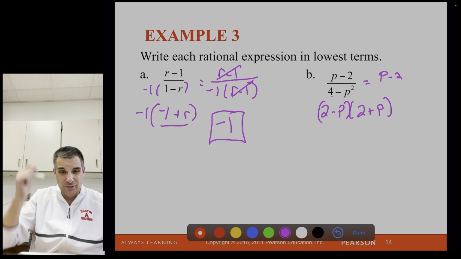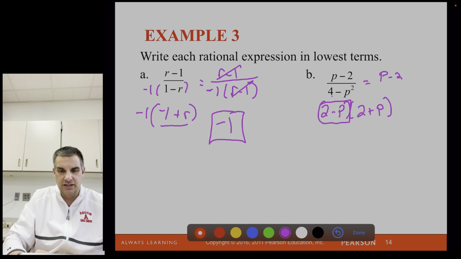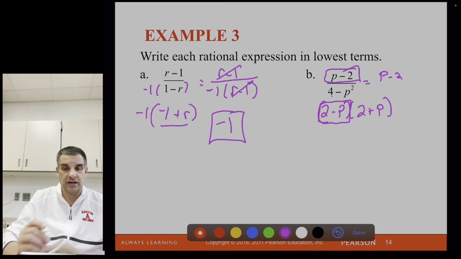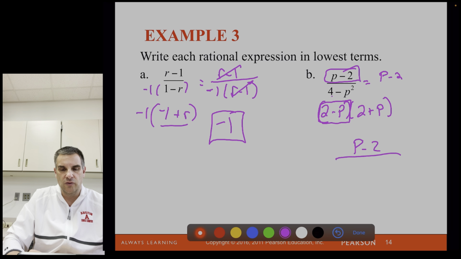And again, if you notice, this one here and this one here are opposites of each other. So I can essentially factor out a negative out of there. So we would have p minus 2 over negative 1 times negative 2 plus p, which is that same thing.